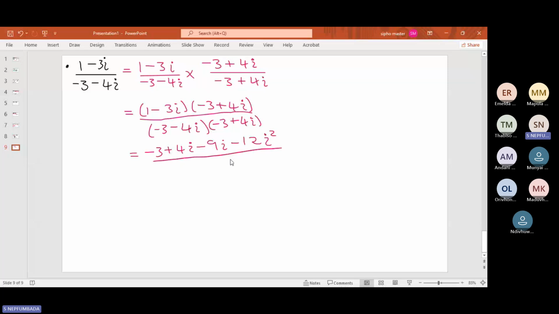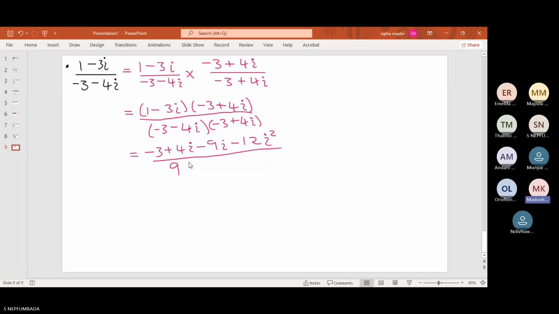Then divided by, we remove the brackets, this is 9 or minus 12, minus 12, they cancel. On the difference between two squares, you just say the first one times the first one, the second one times the second one, then you are done. Are we fine? Do you copy?